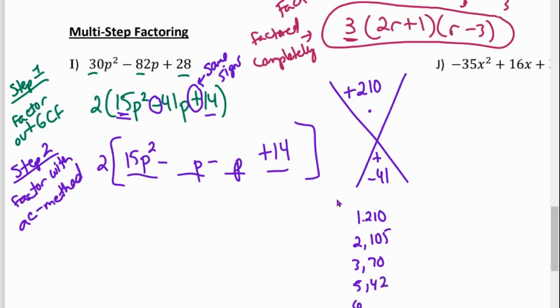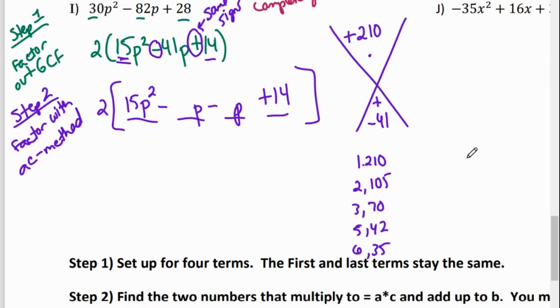And then 6 goes into it 35 times, which I'm going to stop there because what am I looking for? I'm looking for two numbers that multiply together to equal 210, which all of these pairs are, but they have to add up to 41. Since this is a positive, think add up to 41.